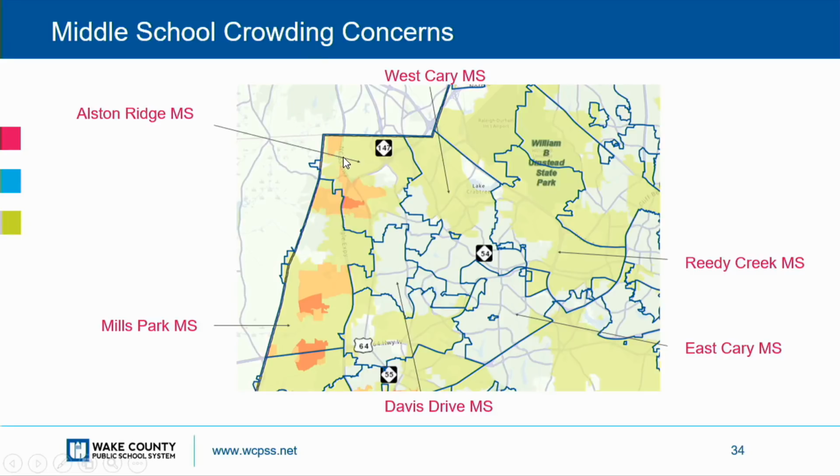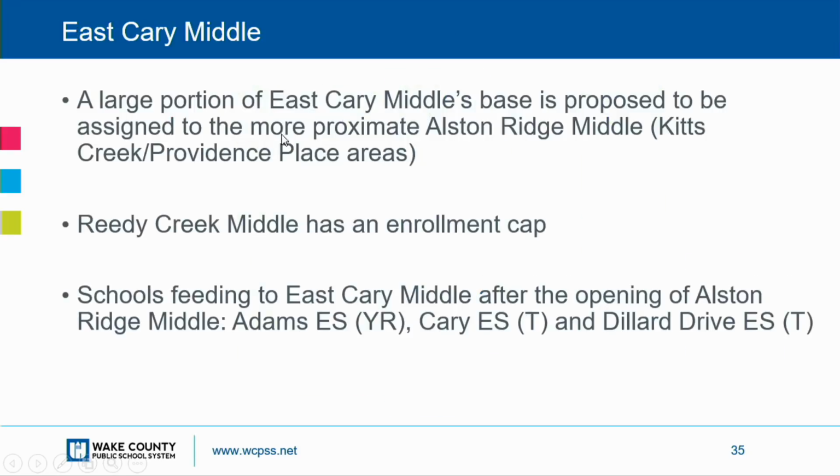So again, here, the middle school crowding concerns, just looking at the different base attendance areas and where the growth is coming. That leads us to talking about East Cary Middle School. A large portion of their base is being assigned to Alston Ridge Middle School, the Kitts Creek, Providence Place area. There's also an area of Morrisville and Carpenter that was assigned to East Cary that's going to Alston Ridge Middle School.